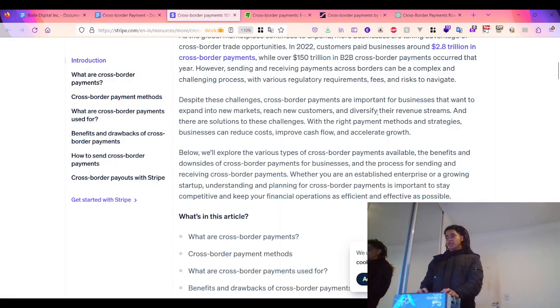So there are solutions to this challenge. With the right payment method and strategy, businesses can reduce costs, improve cash flow, and accelerate growth.